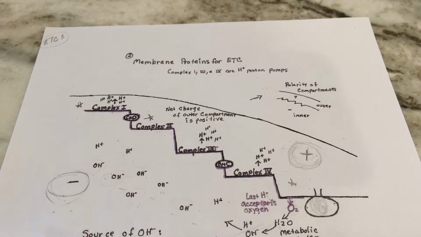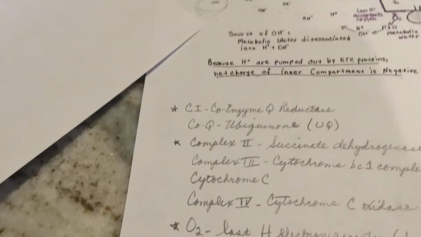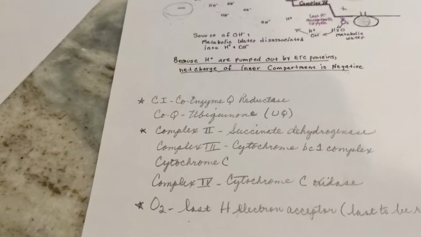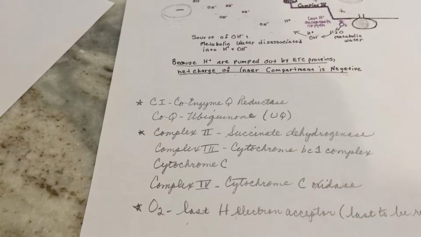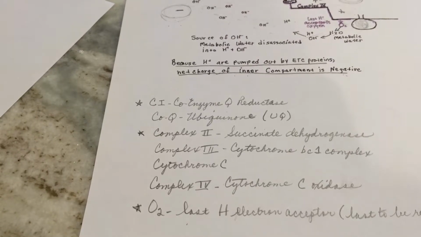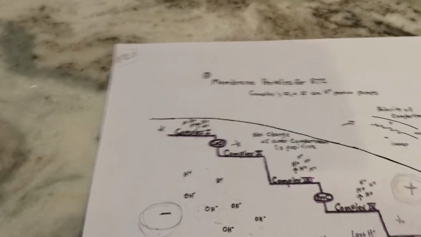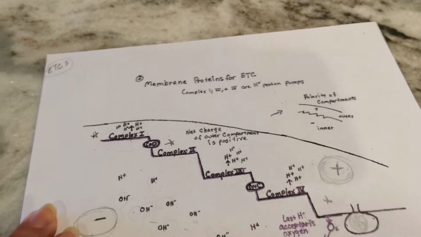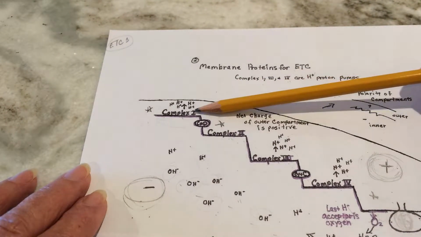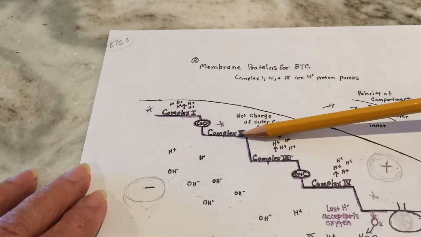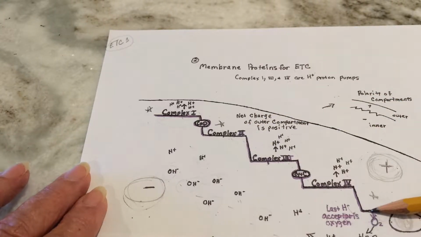Now, in a more advanced class, you'll have to learn the particular names of each of those proteins that are involved in ETC. But for our class, all you need to know is complex 1, complex 2, and oxygen.